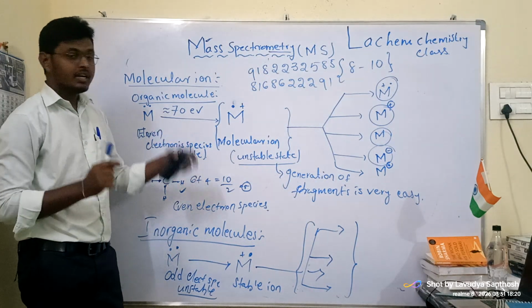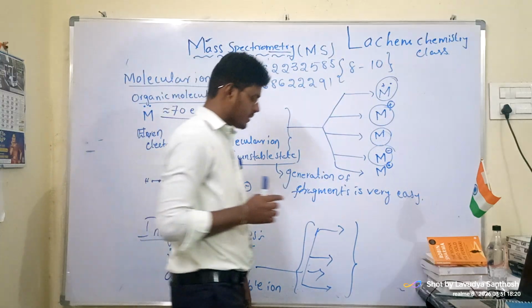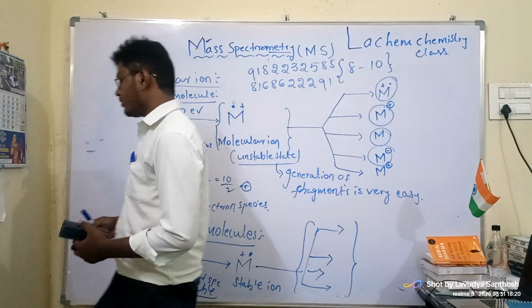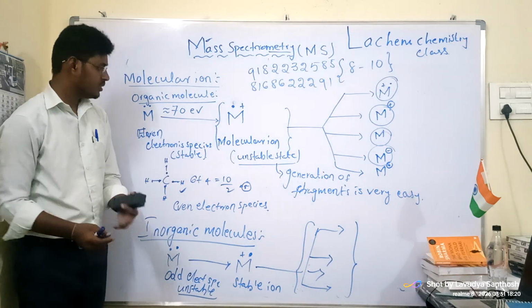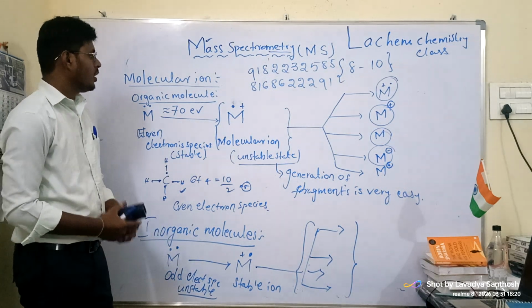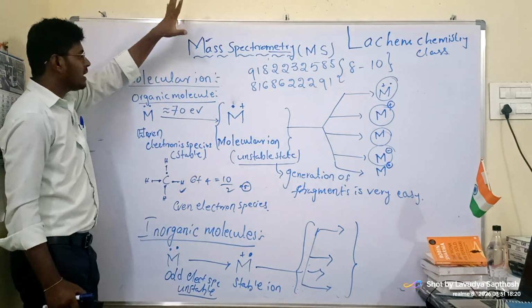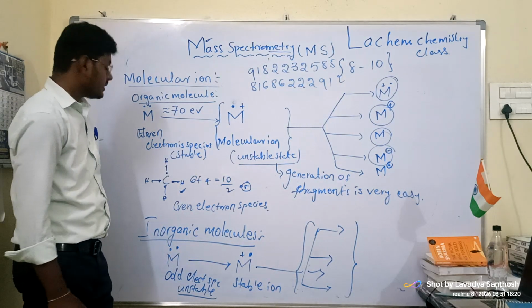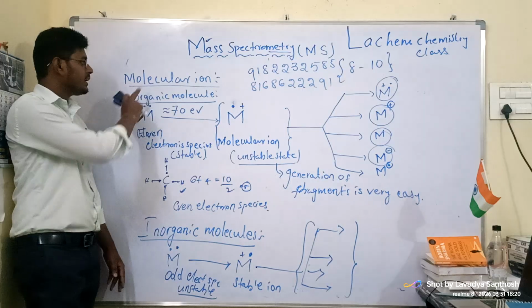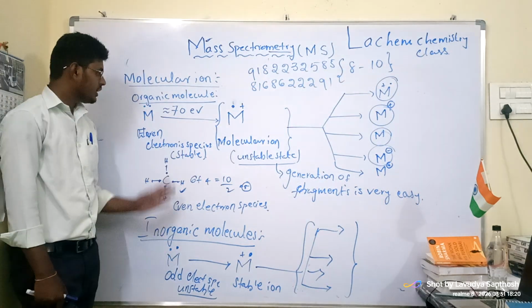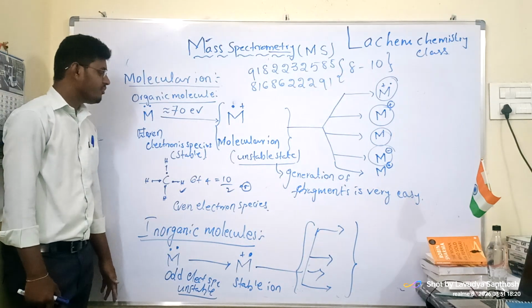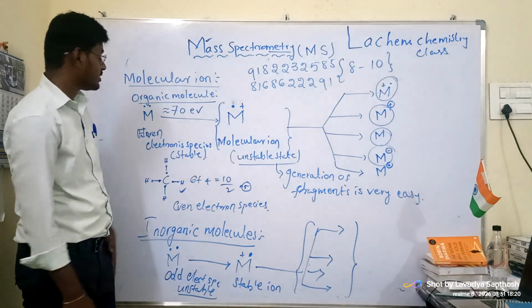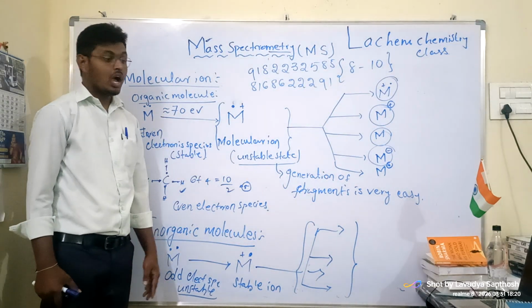Hoping that you understood. Now write down that the molecular ion in an organic compound is an even electronic species.